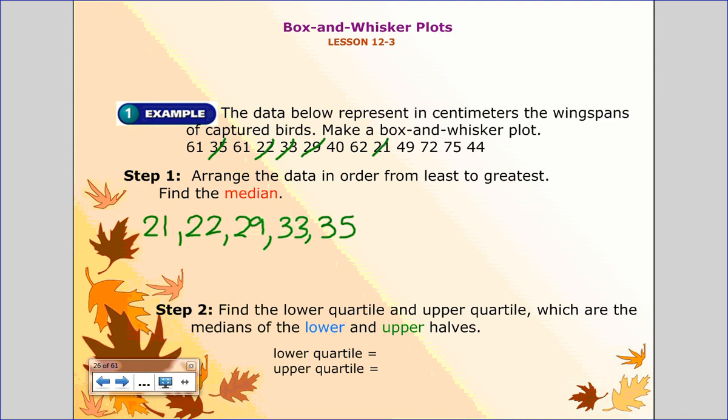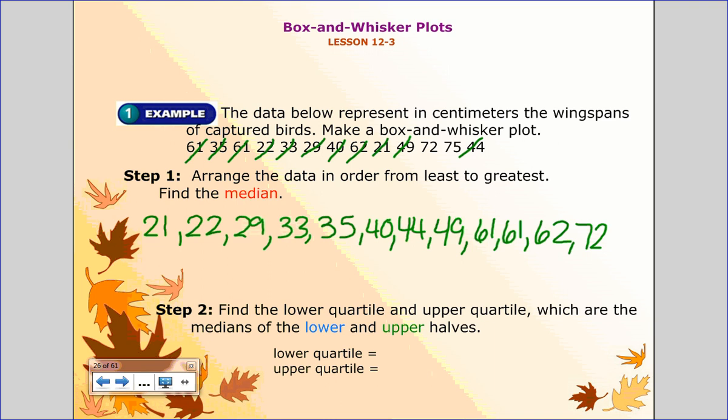So there we go. Do I see any other 30s? Nope, so now I'm in the 40s with 44, 40, 44, and 49. I don't see any 50s, so now I'm in the 60s with 61, 61, 62, and then I have 72, 75.